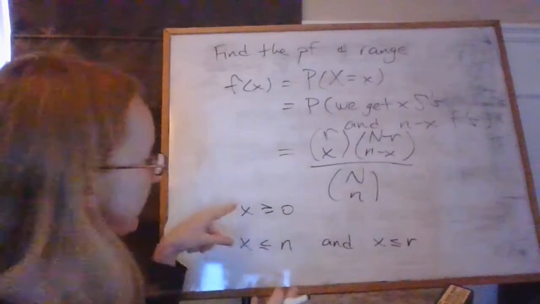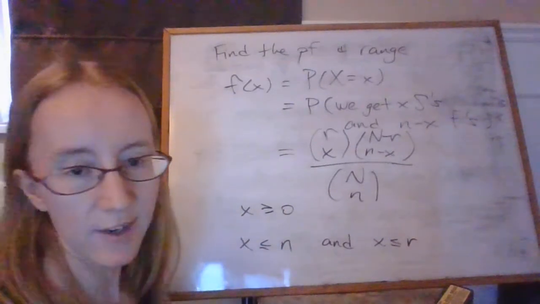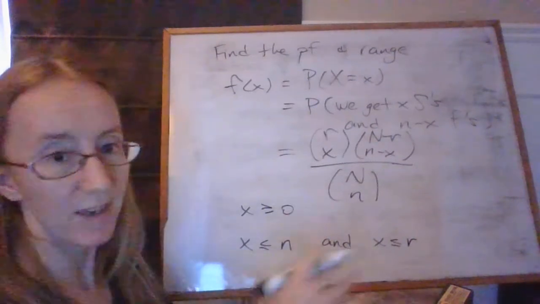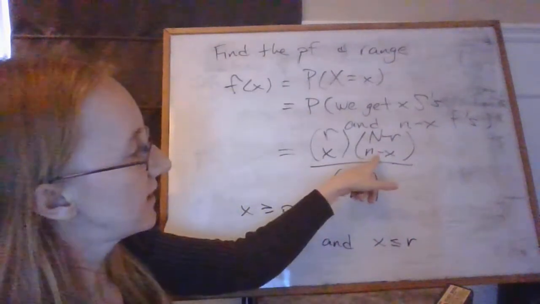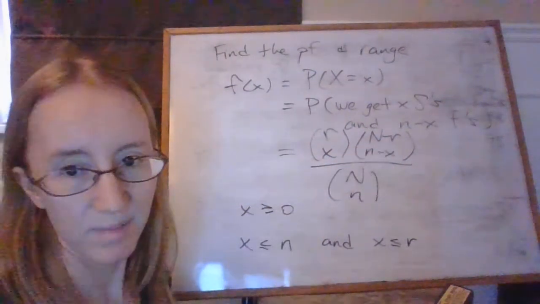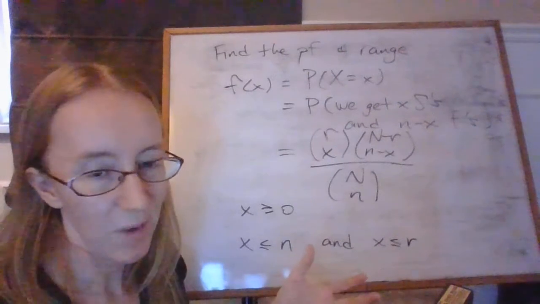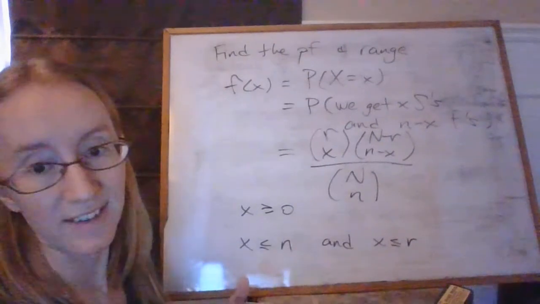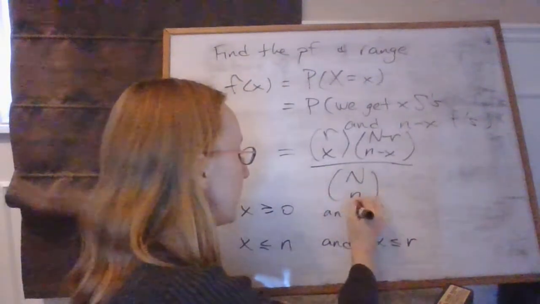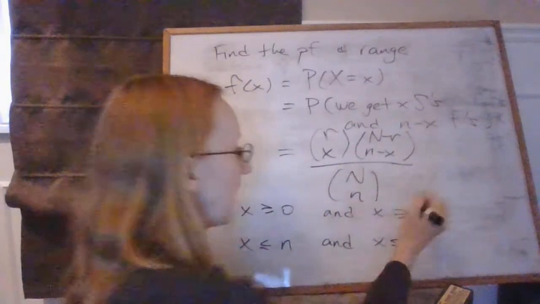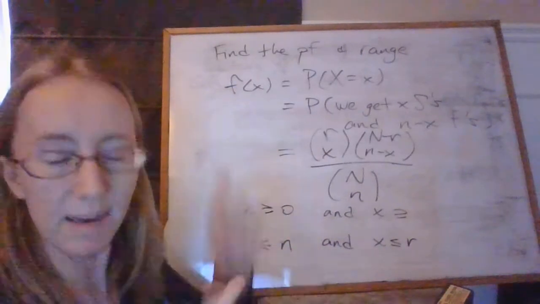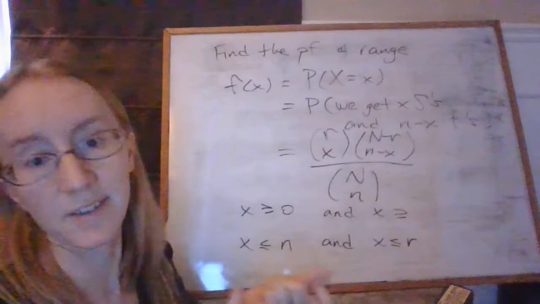Same thing on the negative side too, or on the lower end of the range. It might be possible to run out of failures if n minus r is really small. So if there's lots of successes out there, we might run out of failures to get. So there's also a minimum that is going to have to be bigger than or equal to the difference between the number that we select and the number of failures available.